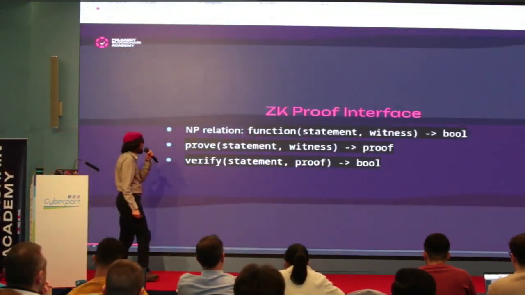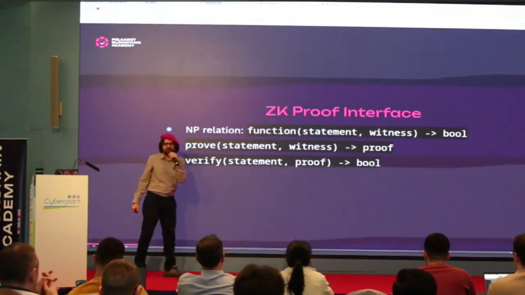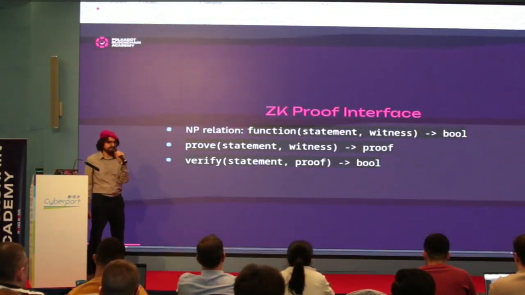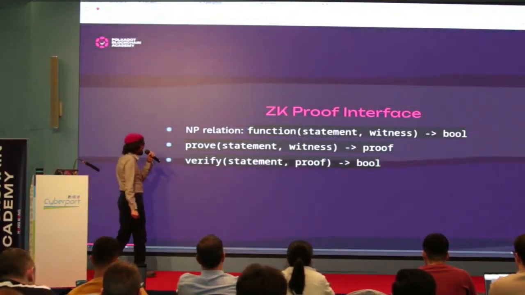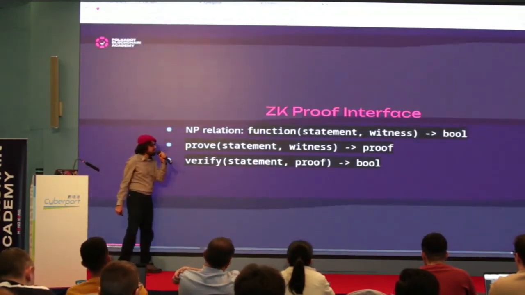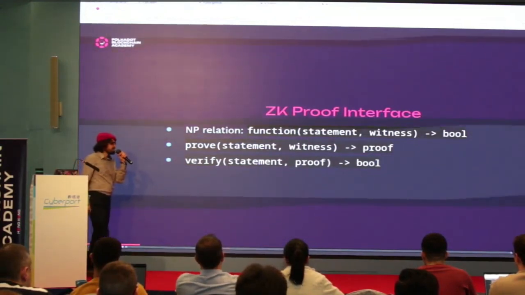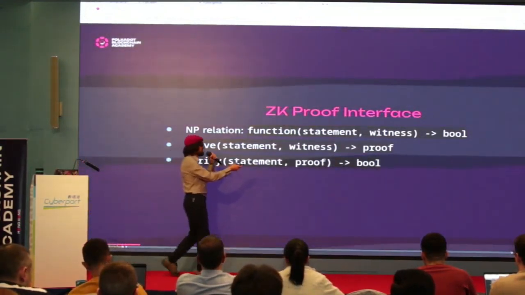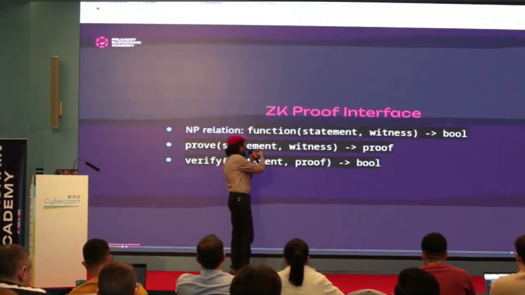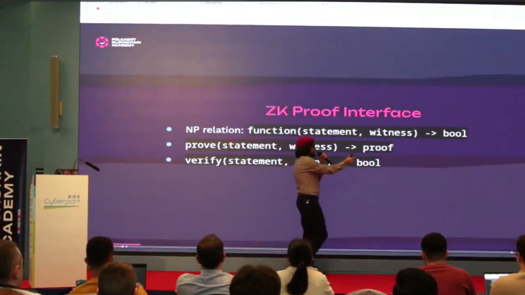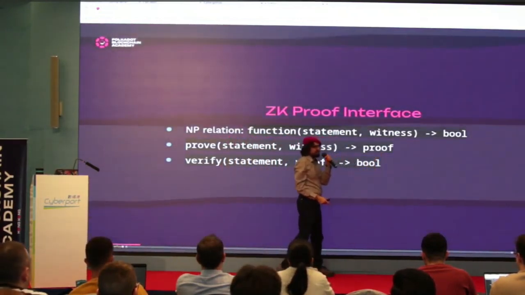The developer part of it. When you have a system that does the proof for you, it gives you this API. It gives you a proof function where you put the secret witness inside it, and you give the statement, and it should return a proof. This is some string of bytes.